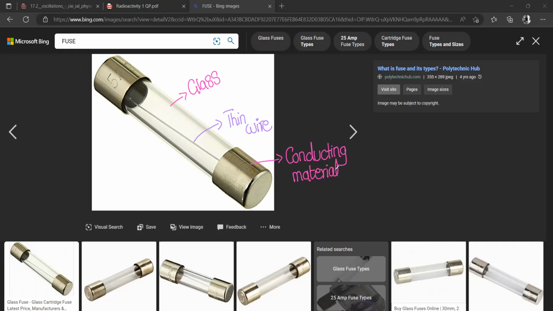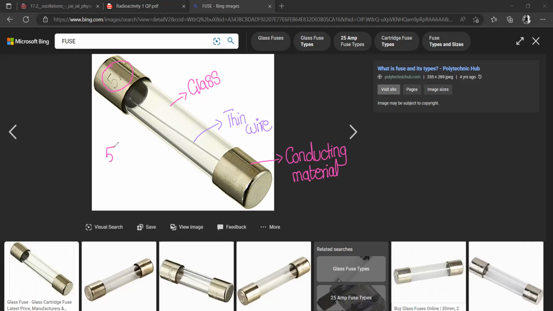So that's why it should be made up of conducting material, mostly metal, right? And on the top you can see that there is a value of current written over here. It's 5 ampere.